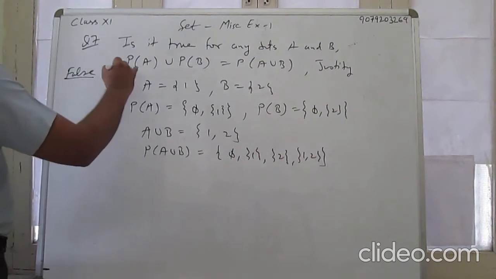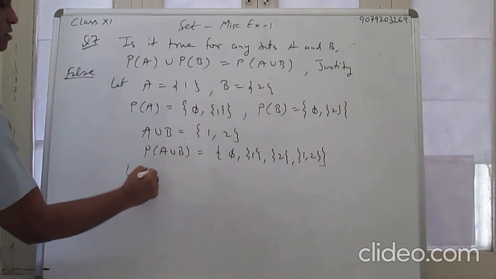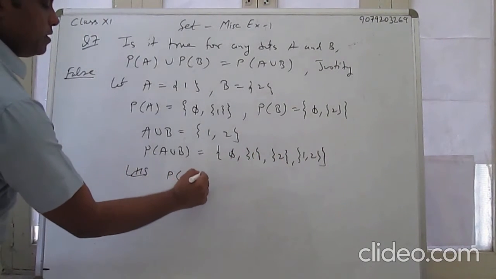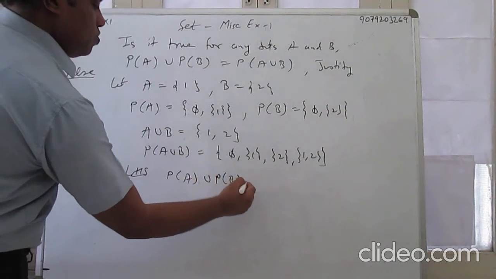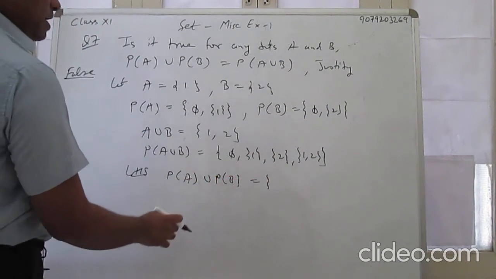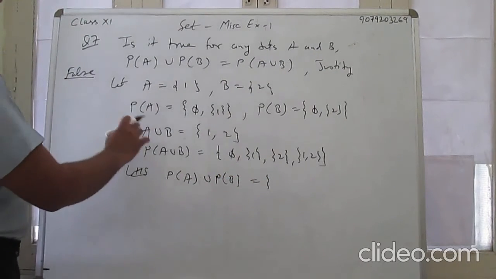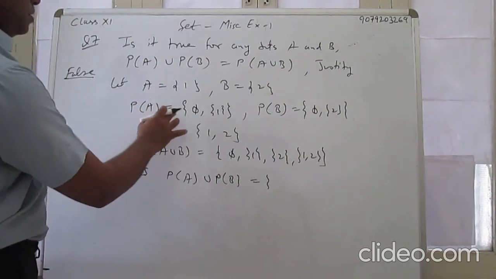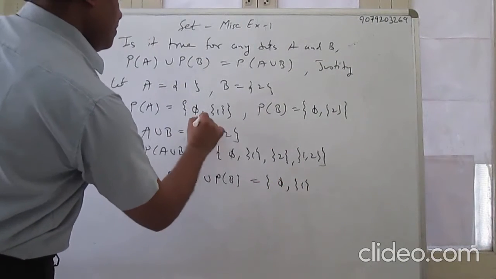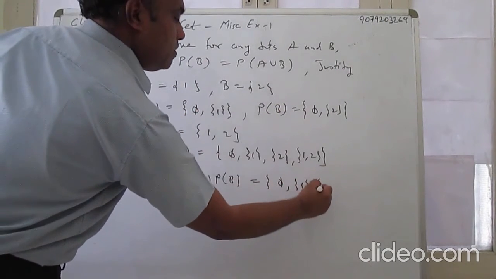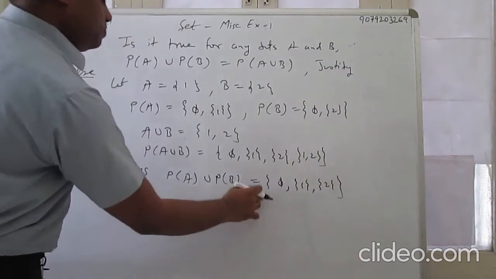Now what is the left hand side? Left hand side is the power set of A union the power set of B. So what is the power set of A union power set of B? It is ∅, {1}, {2}. This is P(A) union P(B).